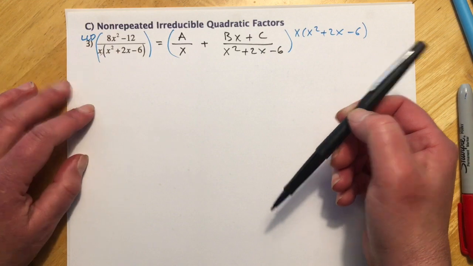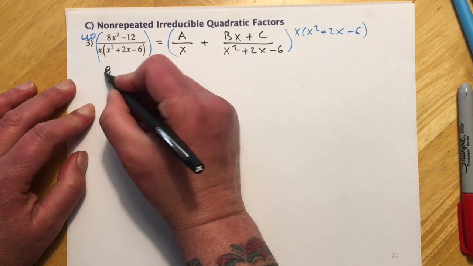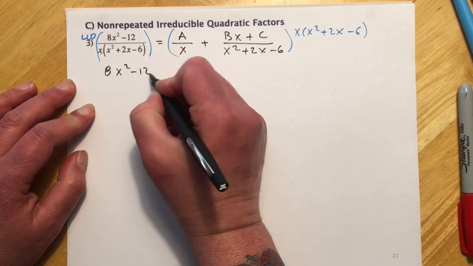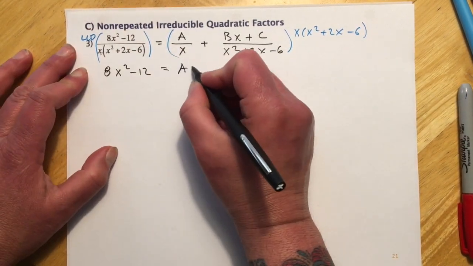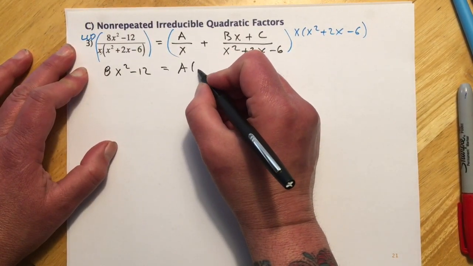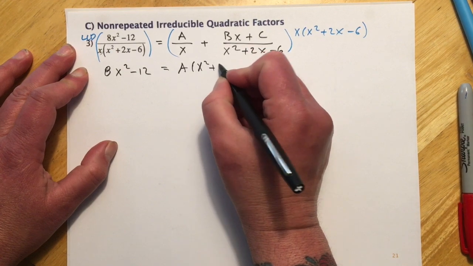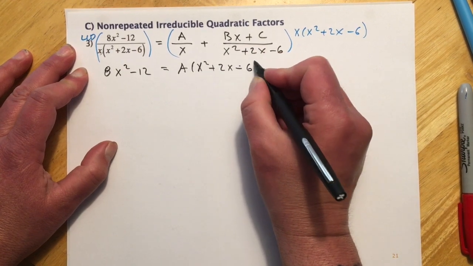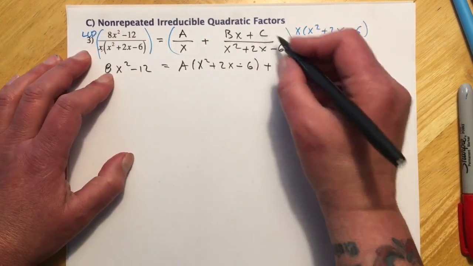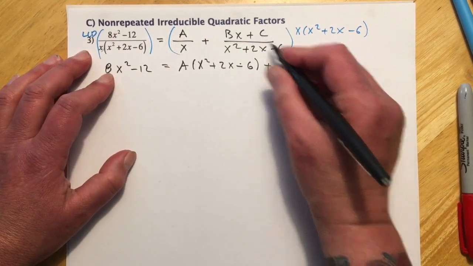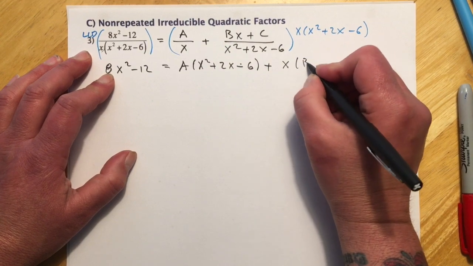So on this side, everything cancels, and I just have 8x squared minus 12. And on this side, the x's cancel, and I have a, and that's going to be times x squared plus 2x minus 6. And then here, this cancels, so I'll have x times the bx plus c part.